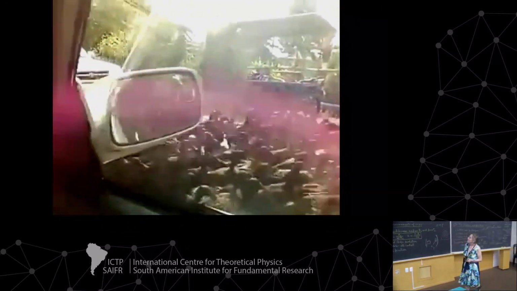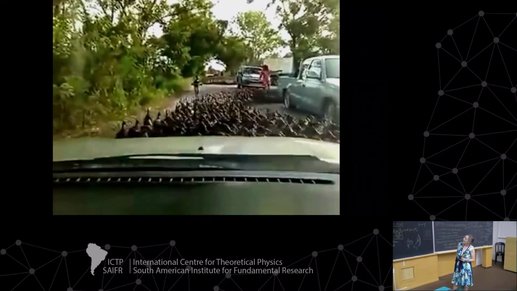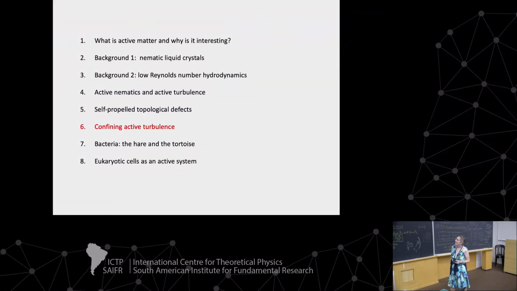Oh my gosh, it's still going. Okay. So we've done 4, 5, and 6 today. The important thing, the real punchline, is that the new thing about active nematics is that you have these self-propelled topological defects which are created and destroyed.